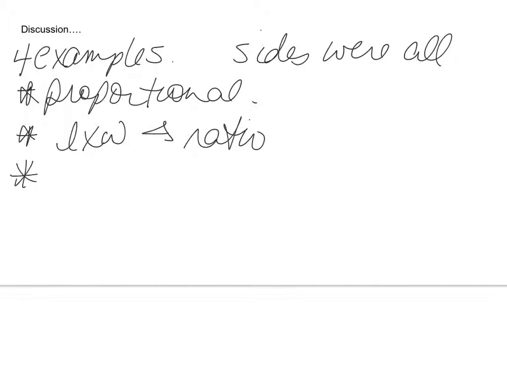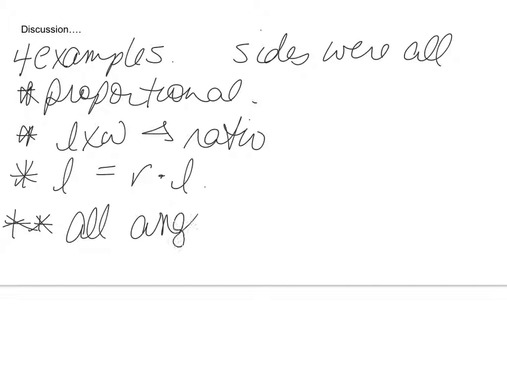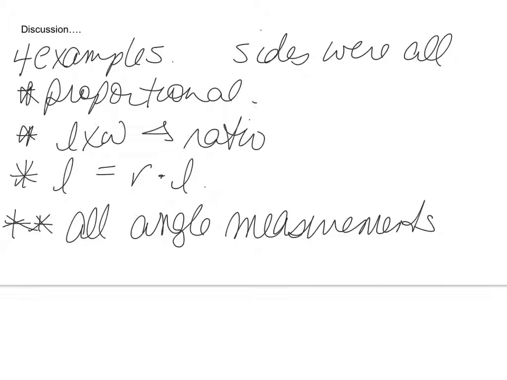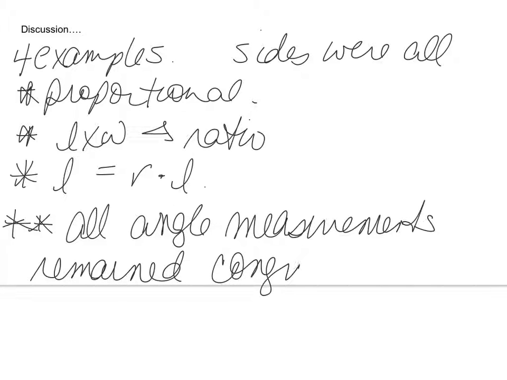We had the lengths of the squares and the regular polygons equal to the scale factor times the lengths. And most importantly, all angle measurements held equal. I guess I could say they remained congruent. That's what we just looked at in our 4 examples.